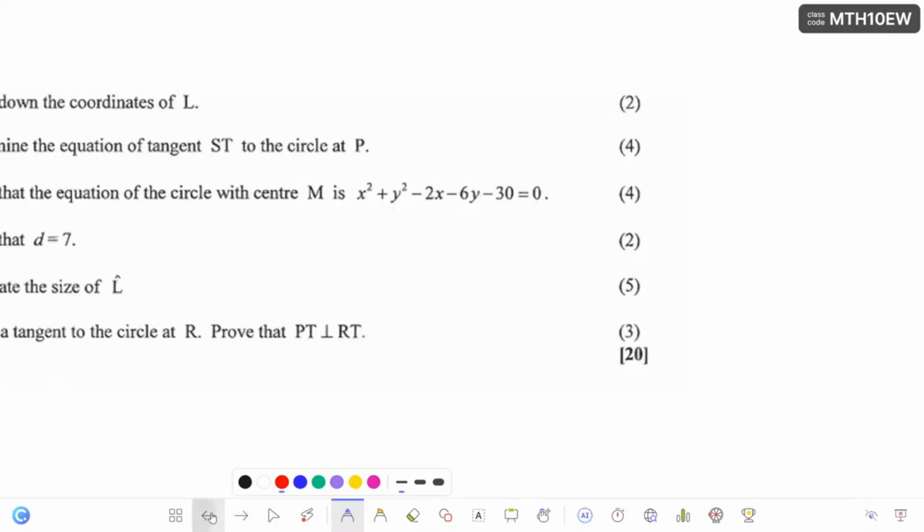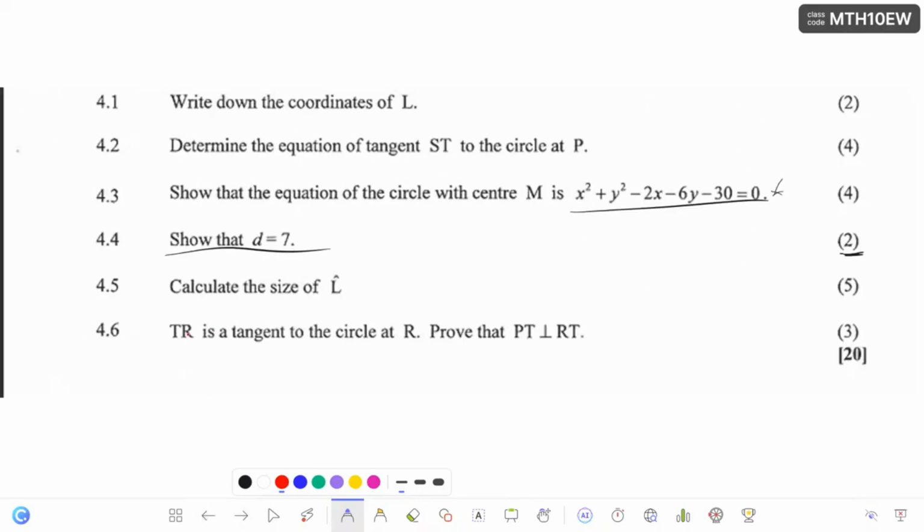So okay, let's do the last question. The last question said: TR is a tangent to a circle at R. Prove that PT is perpendicular to RT. Okay, let's check here.